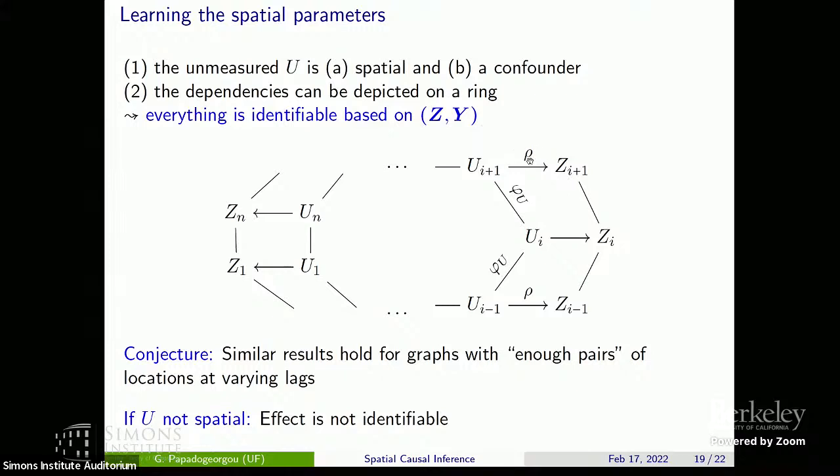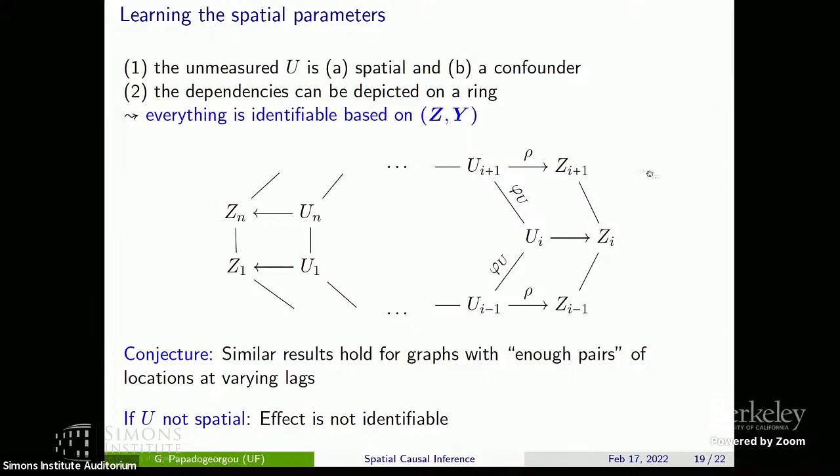So rho is the conditional correlation between U and Z in the same location, and phi of U are the parameters that drive the spatial correlation of the spatial confounder. So if I can learn rho and phi of U, then I can learn some of the spatial parameters that I'm interested in. If we look at the conditional relationship of pairs of Z that are two lags apart, so look at Z_i plus 1 and Z_i minus 1, conditional on Z_i.